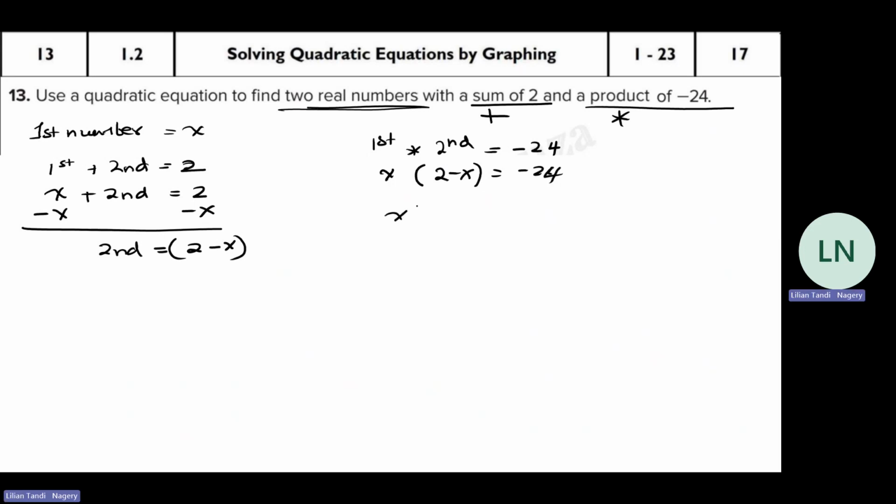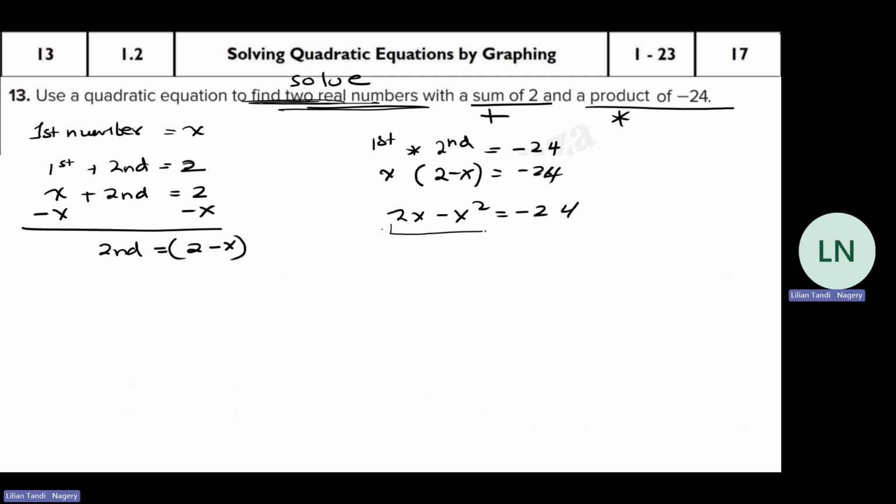Distributive property: 2x minus x squared equals -24. Now, because the question told me to find the two real numbers, that means solve. I need to make my equation equal to 0.